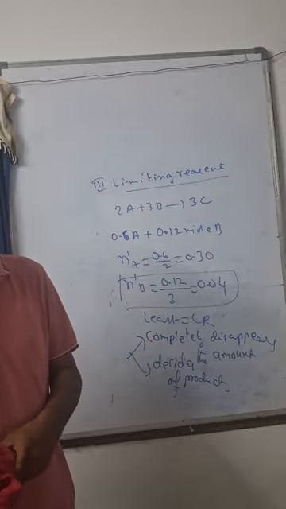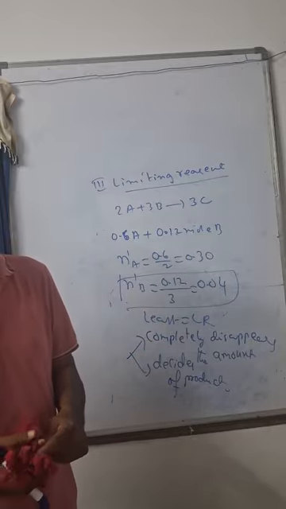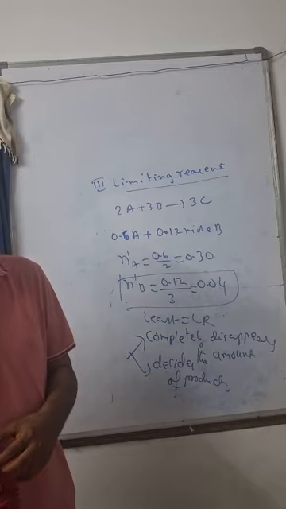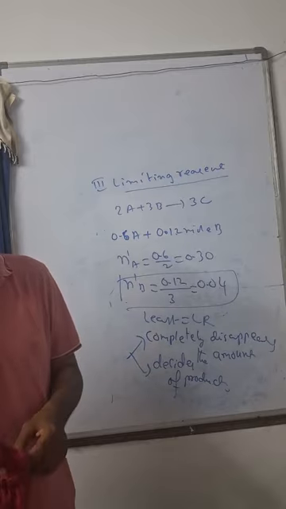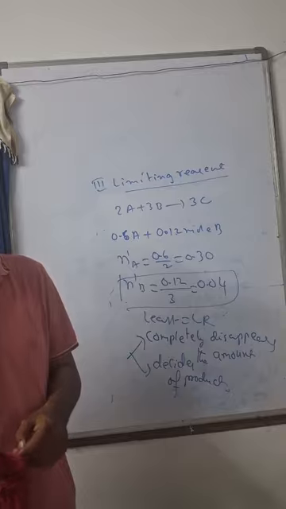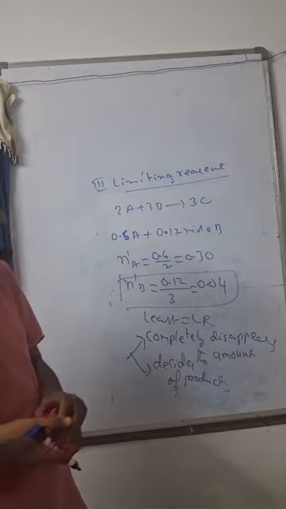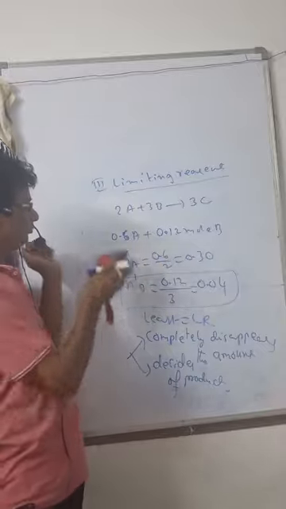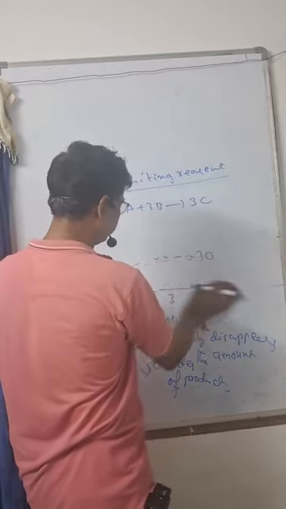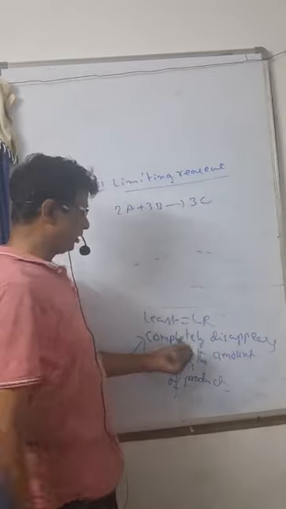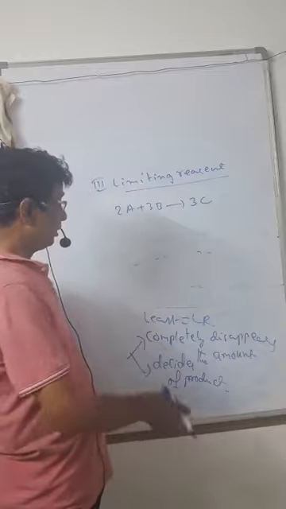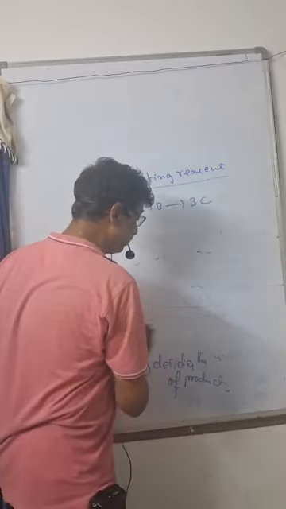When stoichiometry is not followed, or reactants don't react as per equation, then there is limiting reagent. The simplest way is given by equation moles. It is completely consumed in the reaction and decides the amount of product; that is called limiting reagent.